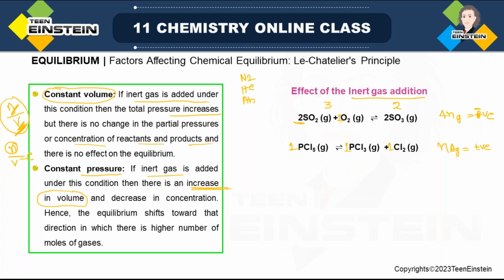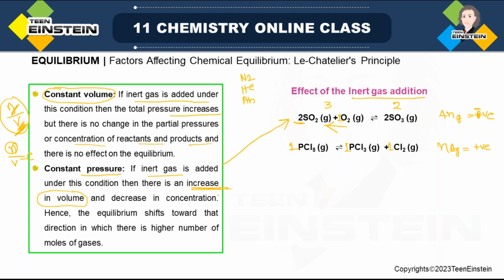So if you consider the first example, SO2 reacting with O2, producing SO3. For this reaction, if under constant pressure you are adding some inert gas, like nitrogen, helium, or argon, then the system will prefer the backward direction, because in the backward direction the number of moles is high. So when del Ng is negative, that is, the product side has fewer moles, it will prefer the backward direction.